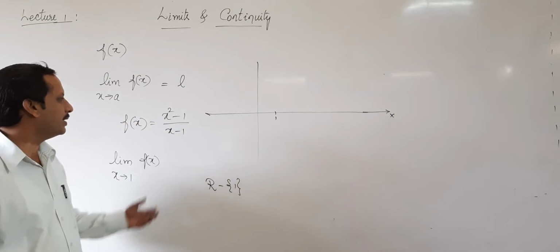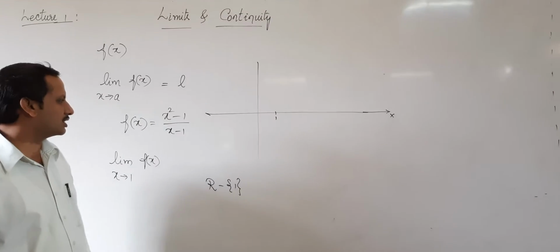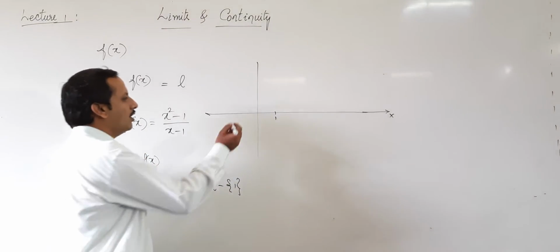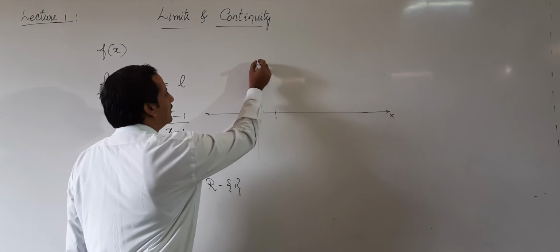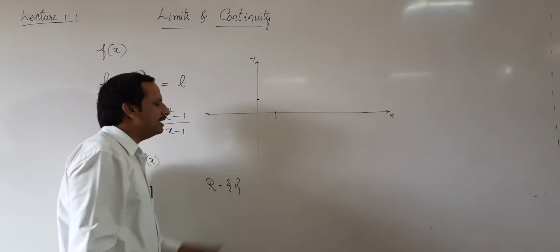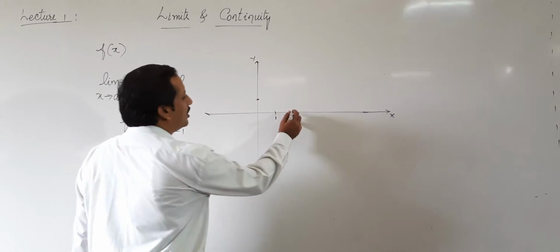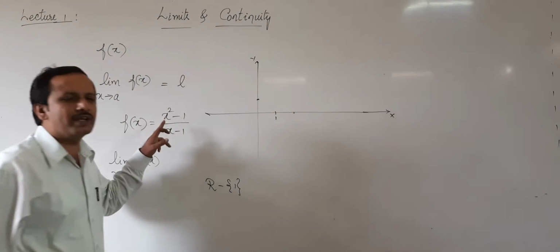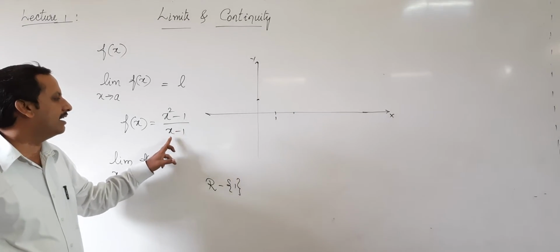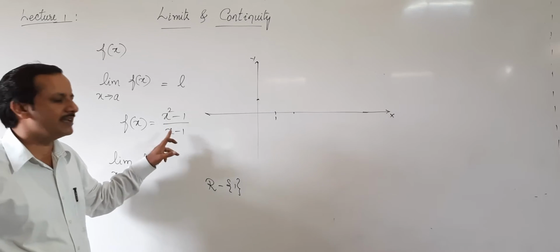That we should check. If you draw the graph of this function, at x equal to 0, f of x is equal to 1. At x equal to 1, it is not defined. At x equal to 2, we get 4 minus 1, 3, divided by 2 minus 1, which is 1, so 3.